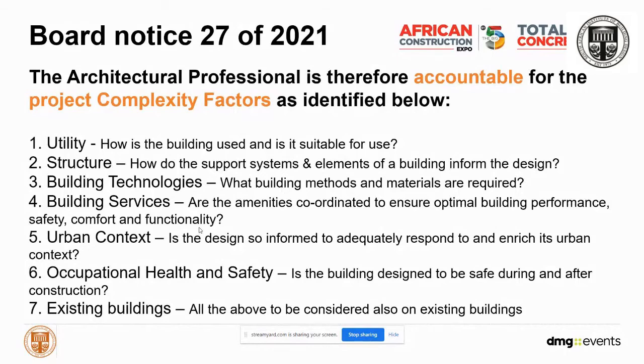Number two is the structure. How do the support systems and elements of a building inform the design? And I know, because I've done this myself, sometimes we have a tendency to leave the structural part to engineers.